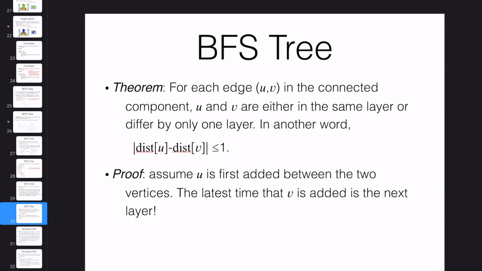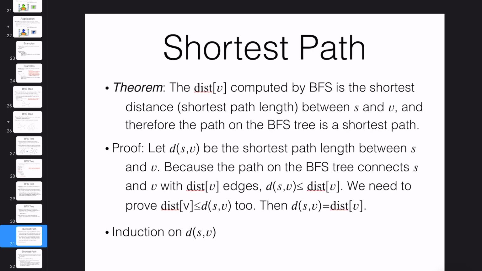And the other theorem that we can prove is that the shortest distance from node S to every node is going to be computed in dist v. So dist v is going to give me the shortest path from S to every node. You can prove this one using induction.